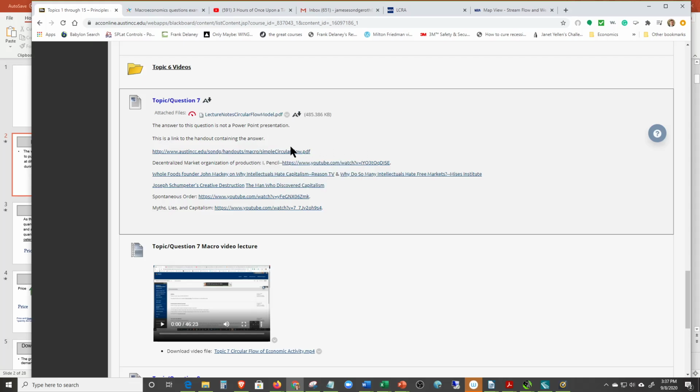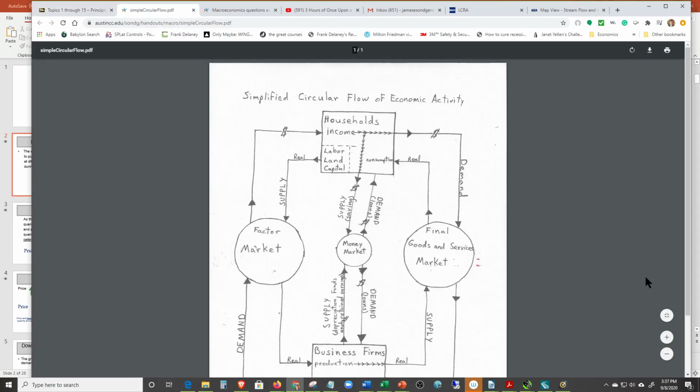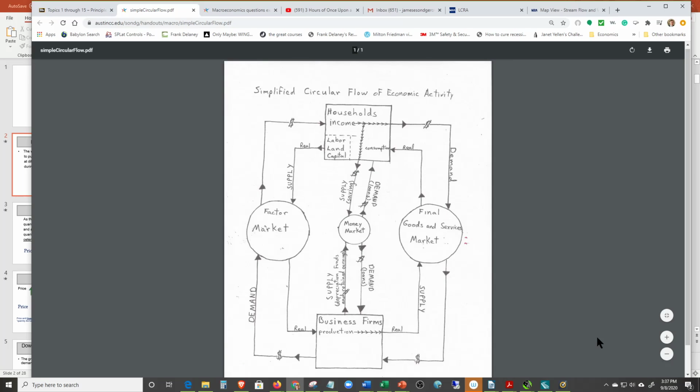So that's the lecture notes. Which one did I want? This one here. Let's open that up in a new tab. So topic 7 was about the circular flow of economic activity for a capitalistic market system, simplified greatly with no government here. This is a completely laissez-faire economic system.